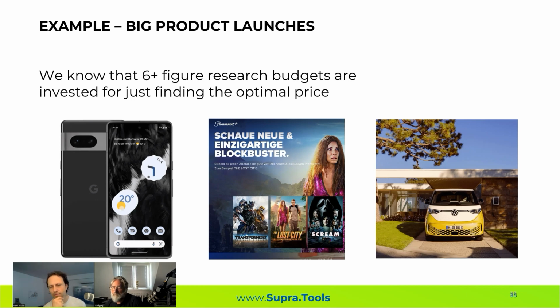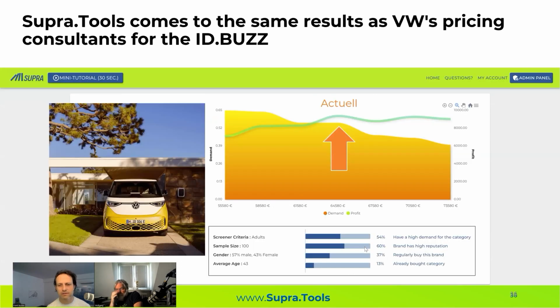They are multi-million or billion-dollar products, and companies are spending six-figure budgets to find out the right price. So we wanted to test whether or not we find out the same thing they find out by investing six-plus figure budgets. And guess what?